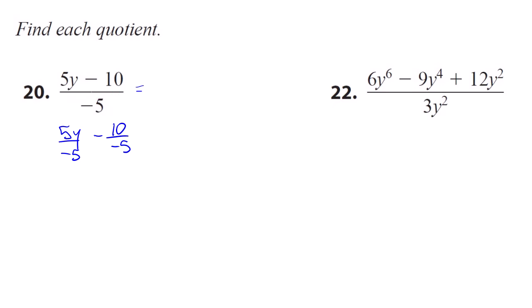Okay? And so for this first quotient here, 5 divided by -5 is -1, right? So we have an invisible 1 there, and then I have a y, right? Okay, and I'm going to leave the -1 out.